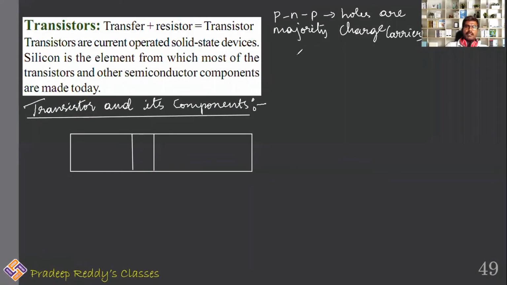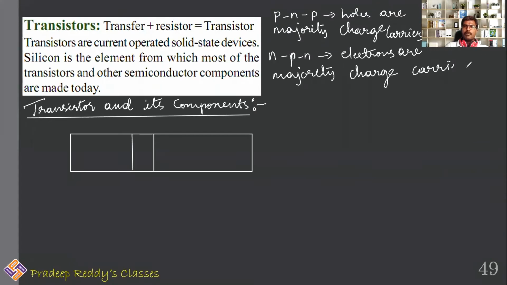We can even construct an NPN transistor where electrons are the majority charge carriers. The working principle of a PNP transistor or NPN transistor remains the same.